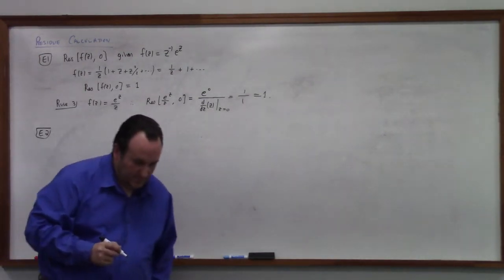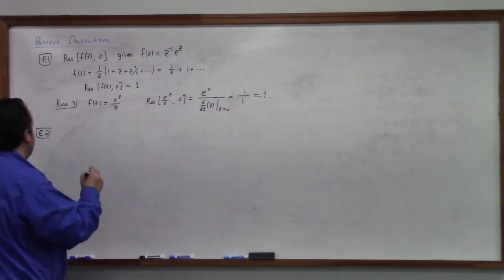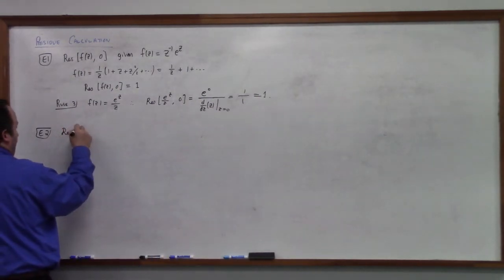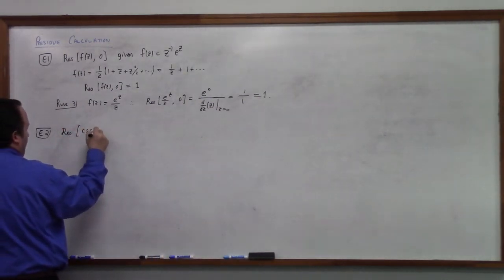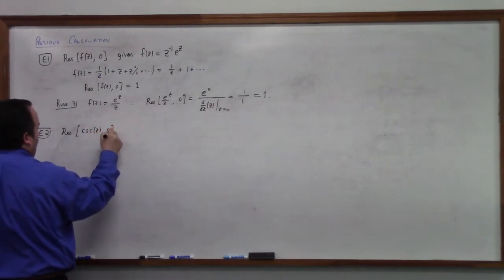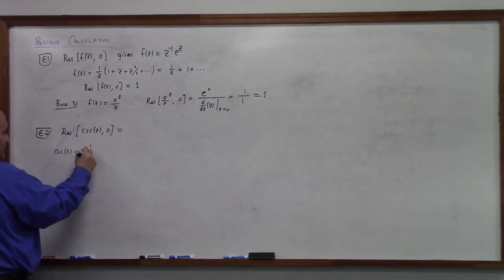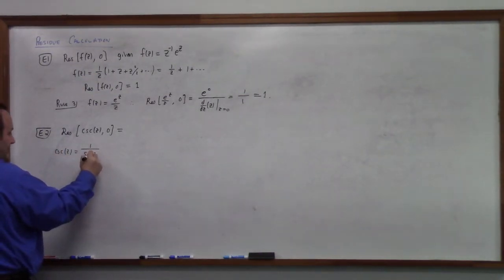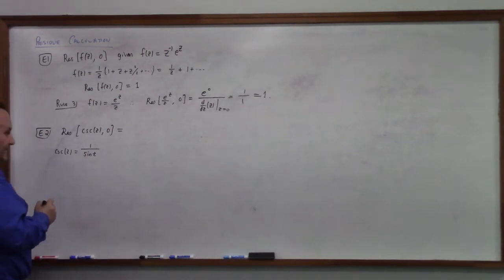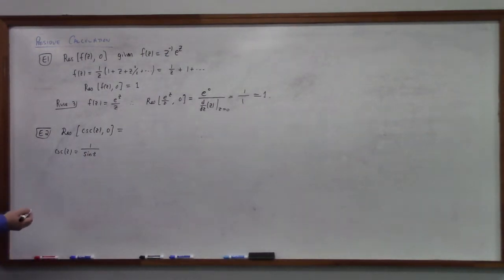Example 2, I'll look at cosecant z. Let's see, cosecant is what? It's 1 over sine z, right? So I think we can use rule 4 on this one, right?